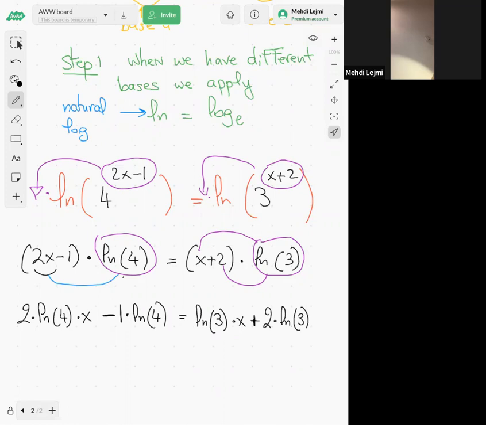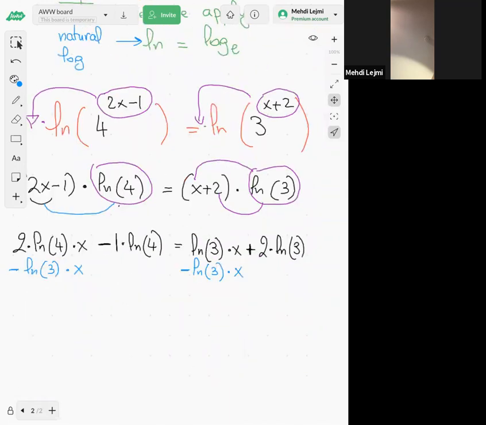Right? I want to solve for x. So what we do is, of course, I'm going to first subtract the x here. I have natural log of 3 times x, so I'm going to subtract natural log of 3 times x on both sides.